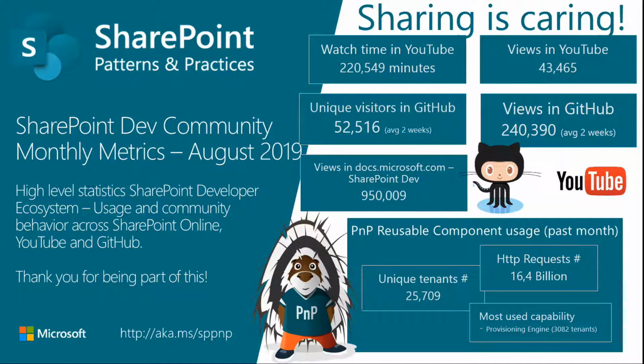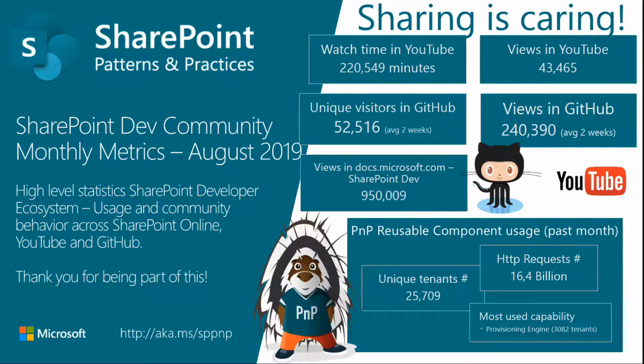On the open source community side of the house, the PnP reusable components, which is PnP PowerShell, PnP CSOM Core, and PnP JS, were used in 25,709 tenants, and they generated 16.4 billion HTTP requests in August 2019. So quite a few tenants are using these open source assets.